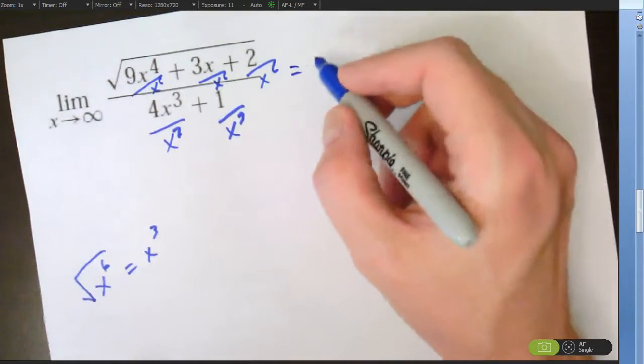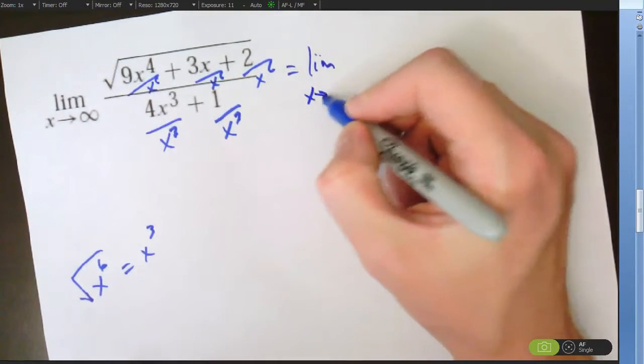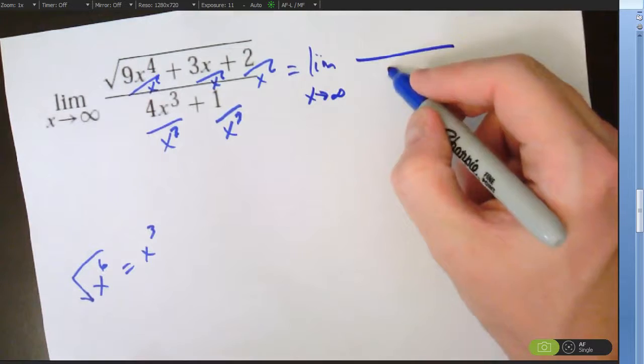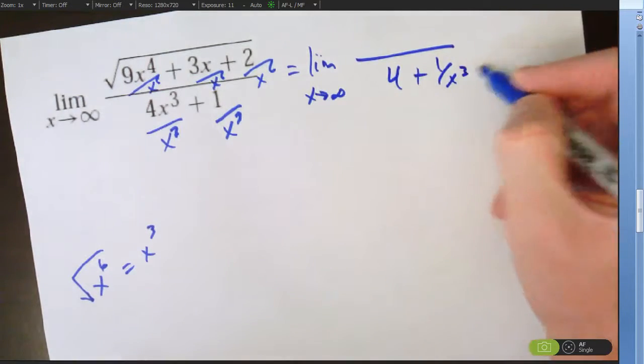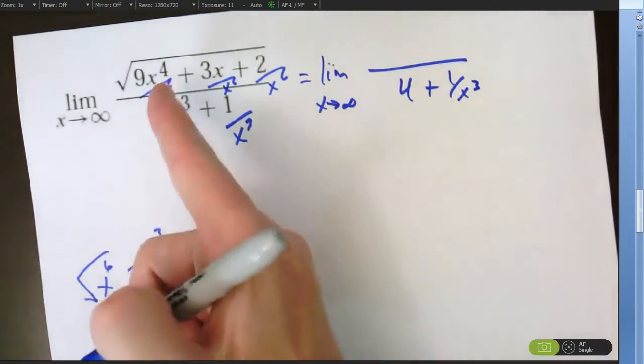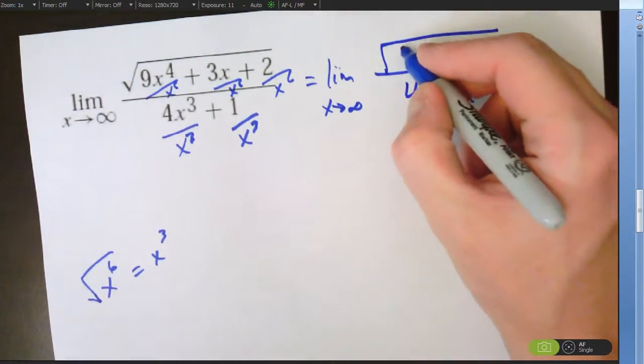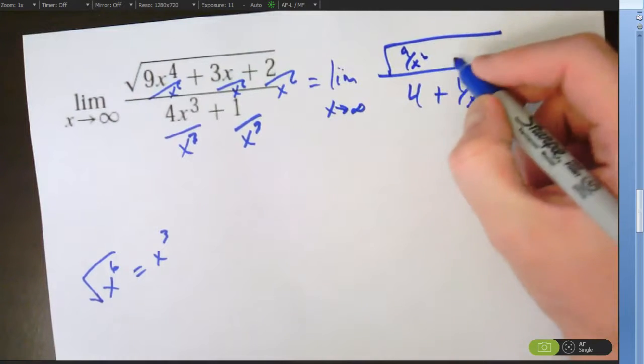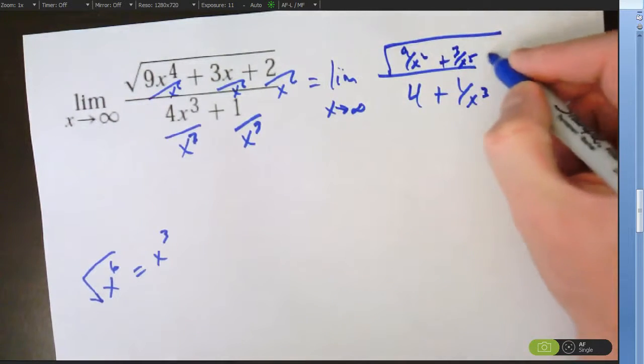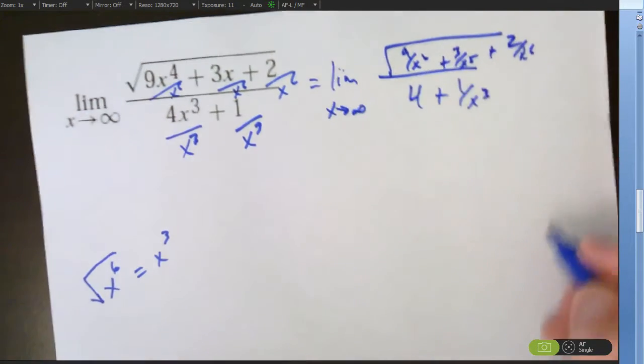Now what happens to us then is, the limit as x approaches infinity, I get 4 + 1/x^3 on bottom. On top, I get the square root of 9/x^2 + 3/x^5 + 2/x^6.